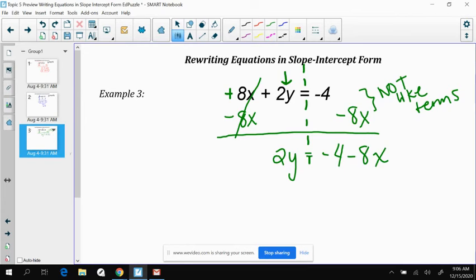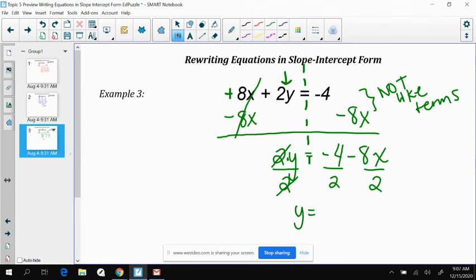Our goal is to get y isolated, and y is directly connected to 2 by multiplication. To undo multiplication, we divide both sides by 2. 2 divided by 2 cancels one another out.